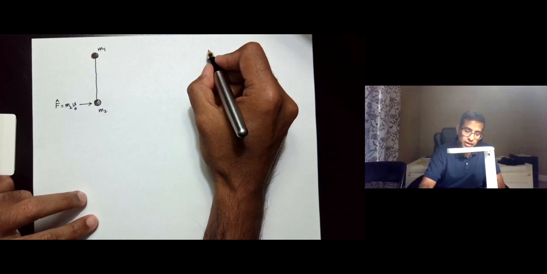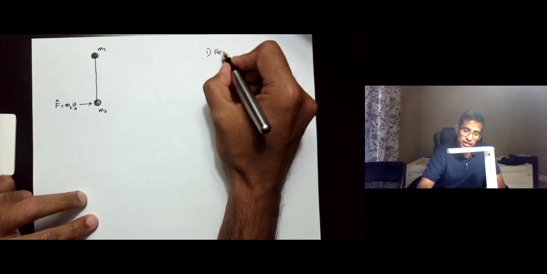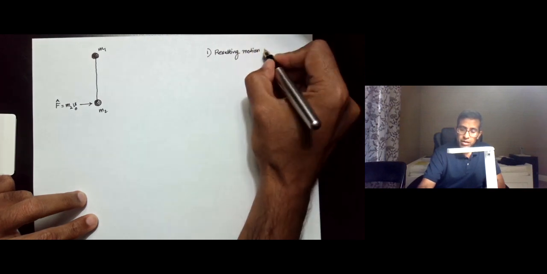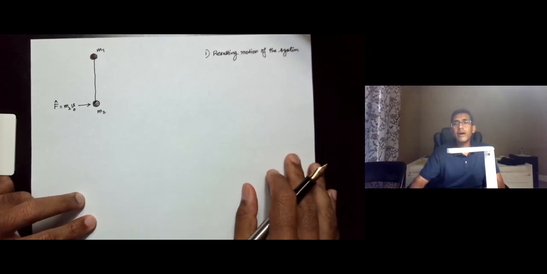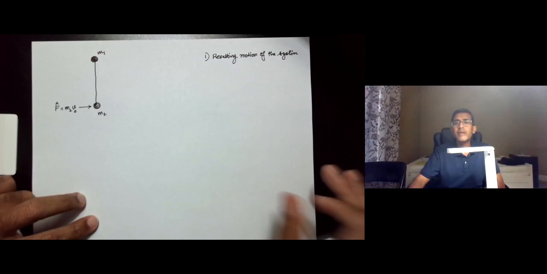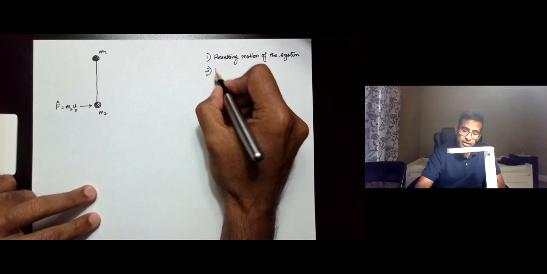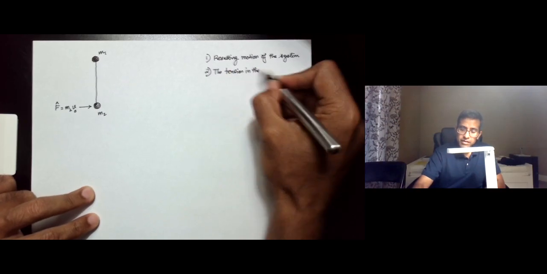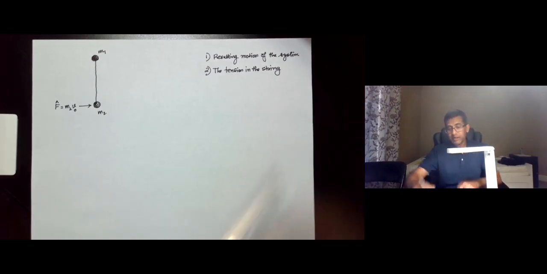So we want to know, first of all, the resulting motion of the system, and number two is the tension in the string.